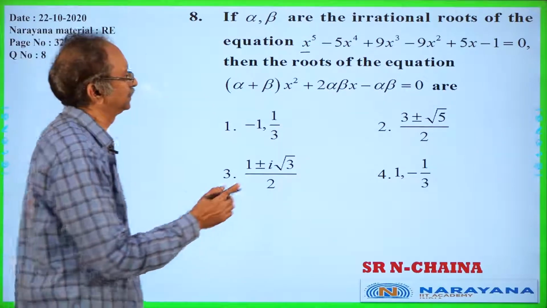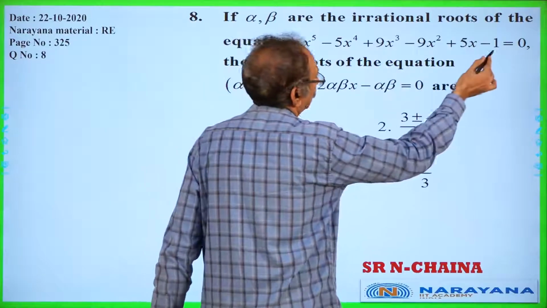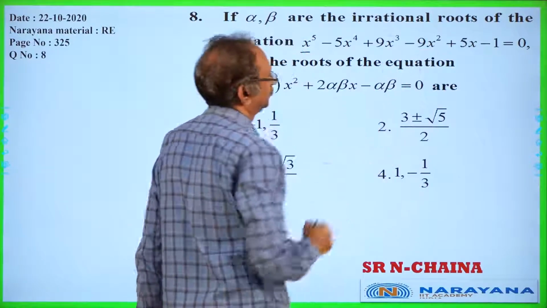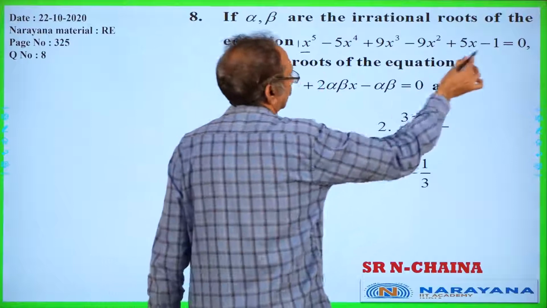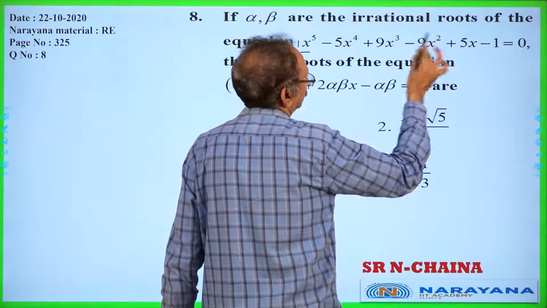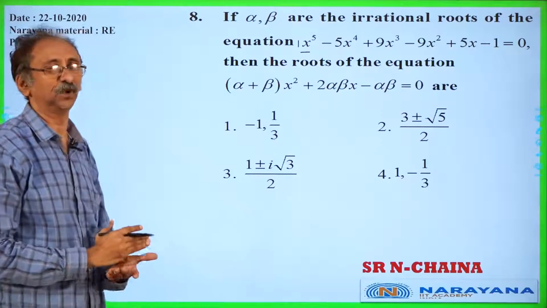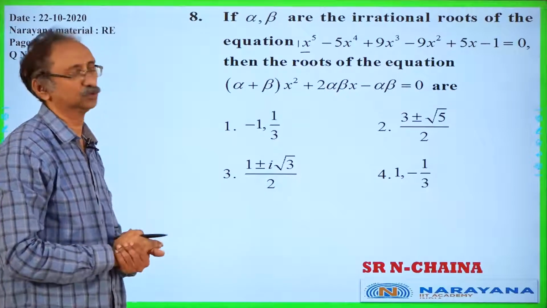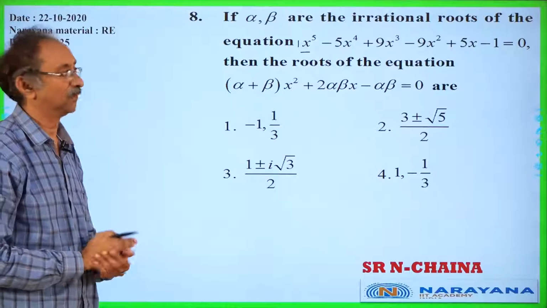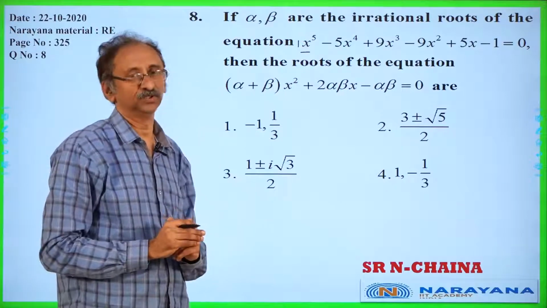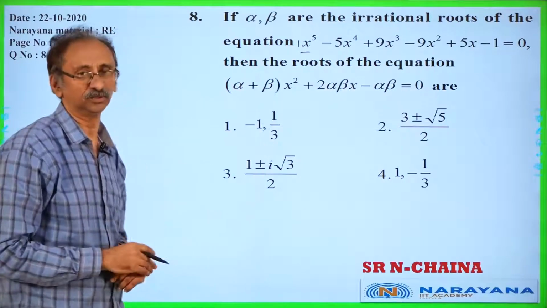So, what is the property here? Observe. Clearly it is a reciprocal equation. So this and this, minus 1, minus 5, plus 5, 9 and minus 9. Therefore, this is a reciprocal equation of class 2 or type 2 of odd degree. So definitely x is equal to 1 is a root.